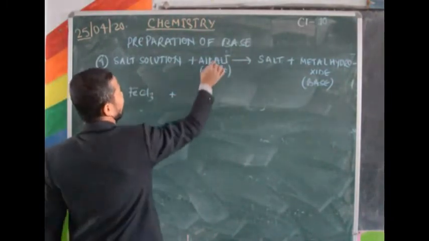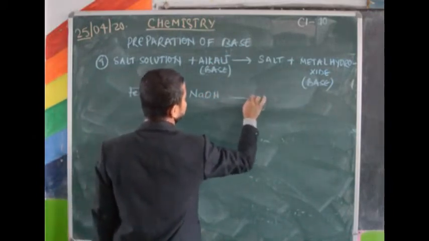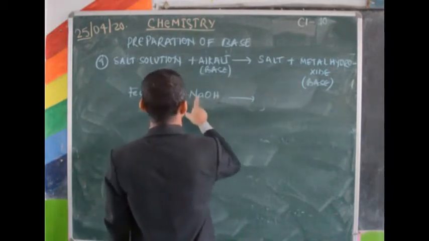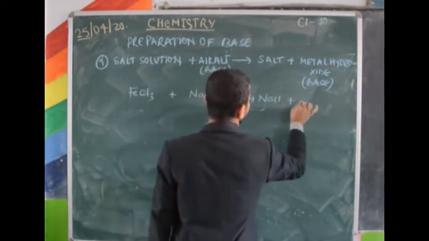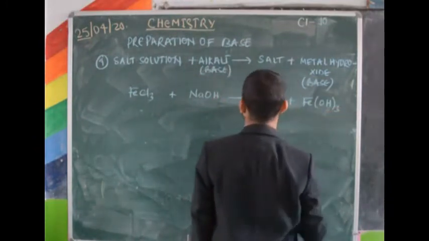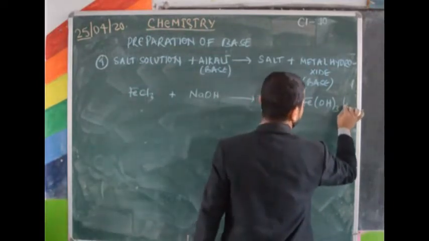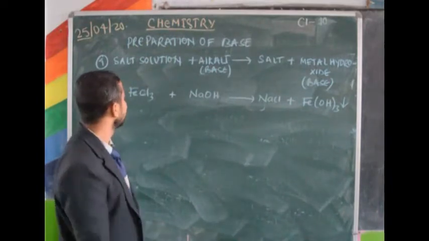plus alkali NaOH gives salt of sodium with chlorine, so NaCl plus Fe(OH)3. So this is a base and this precipitates because it is insoluble in water.